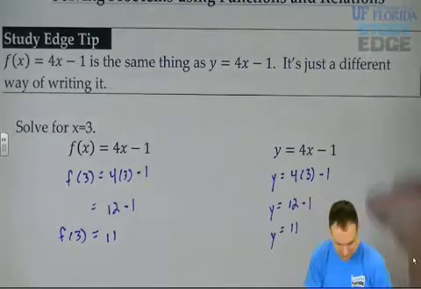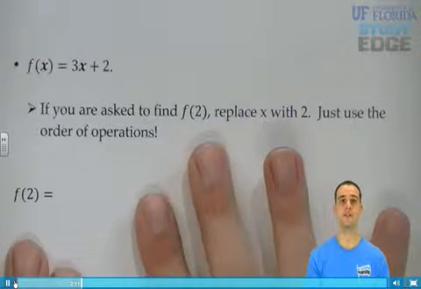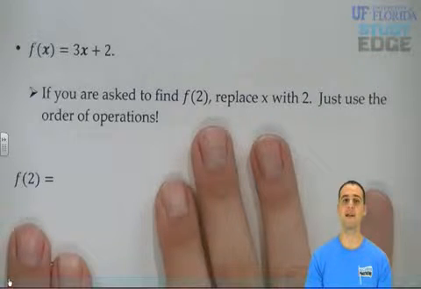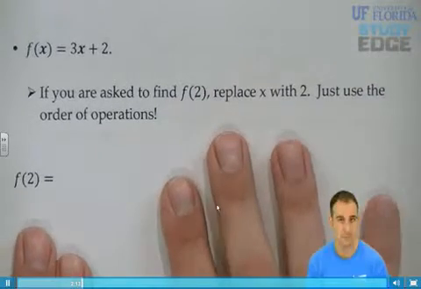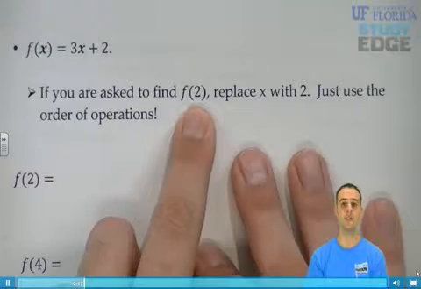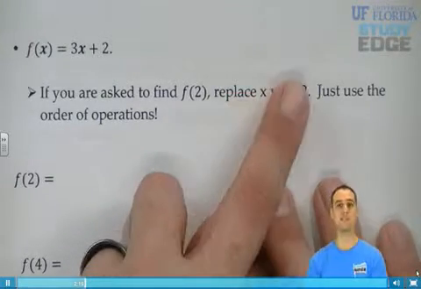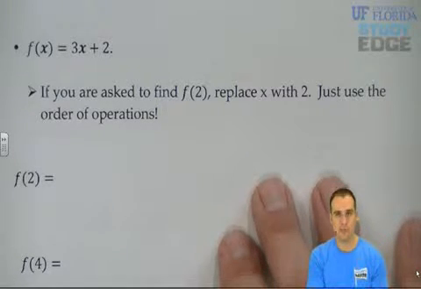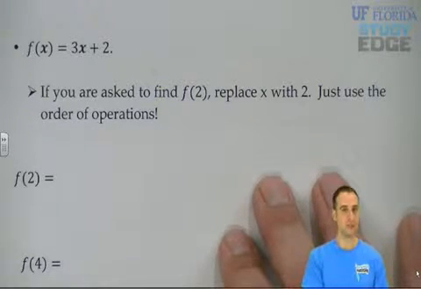Let's do another. Given the following function, f of x, this is the function at the top of page 25, equals 3x plus 2. If you were asked instead f of 2, this just means you're going to replace x with 2. It's the same thing as saying solve for x equals 2. But we're going to use function notation now.